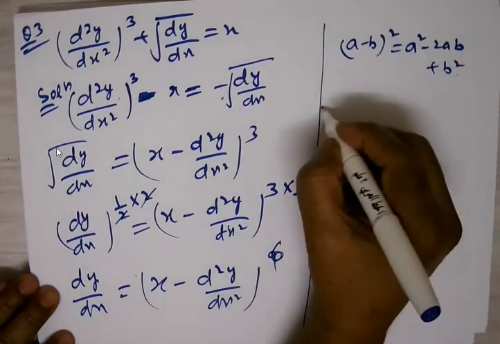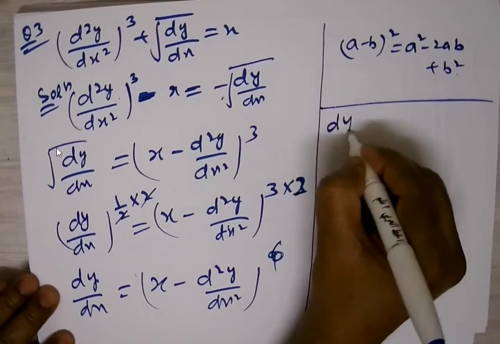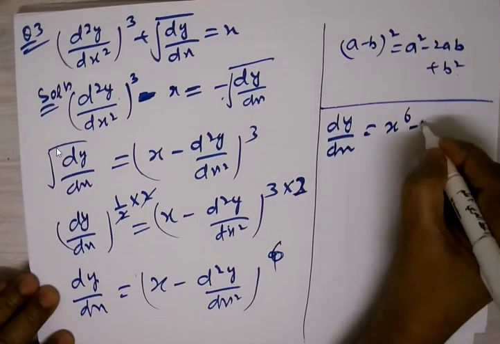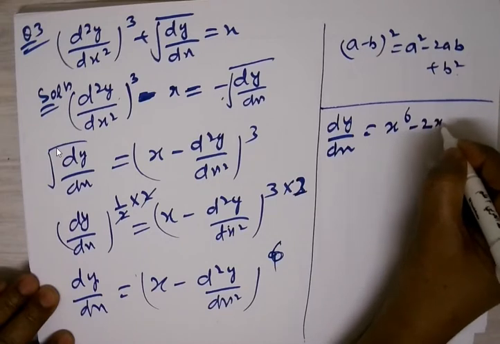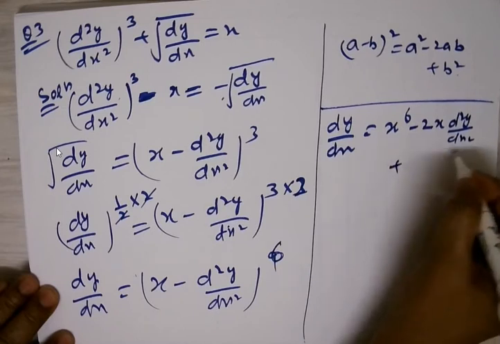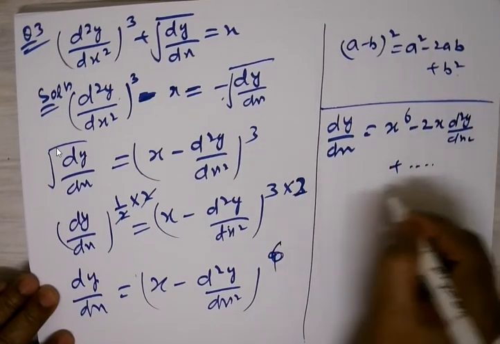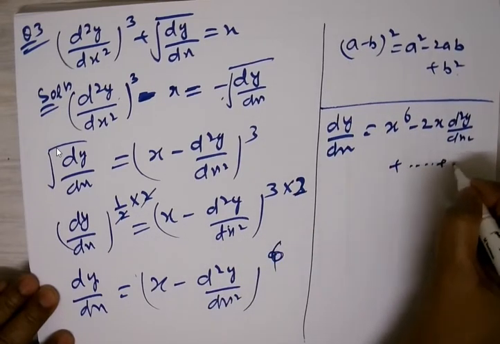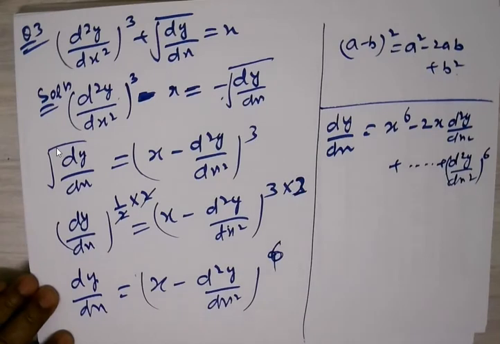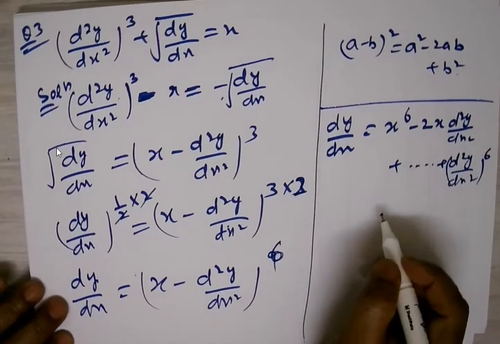So when you open that, it comes like dy/dx is equal to x power 6 minus 2x(d²y/dx²) plus something like that, and (d²y/dx²) power 6.